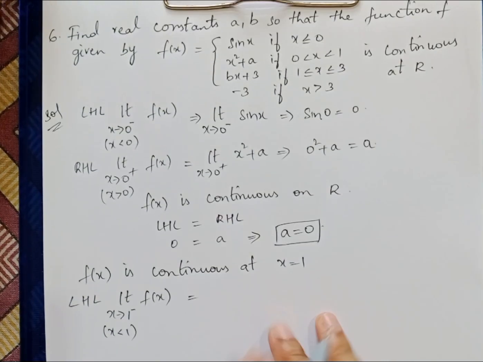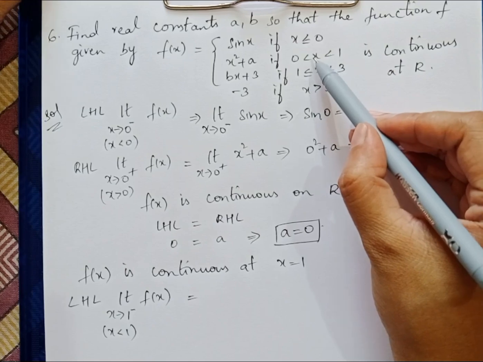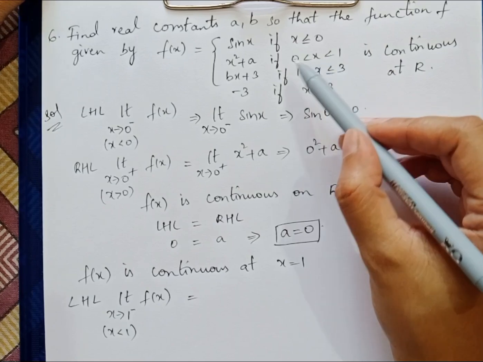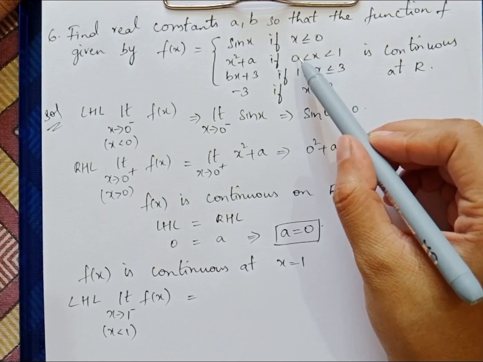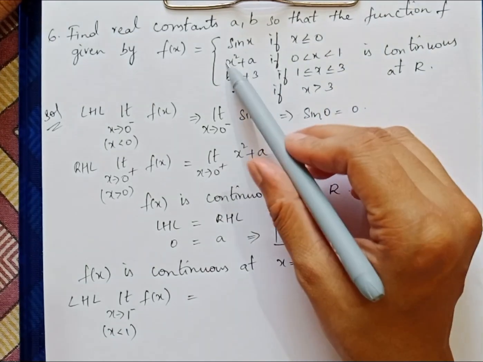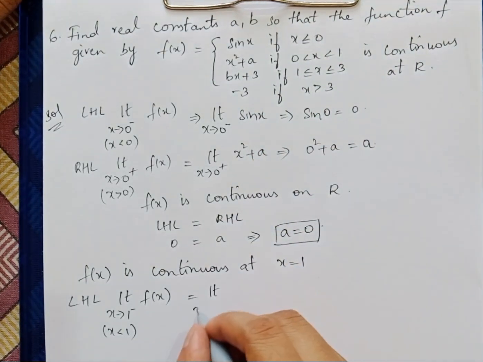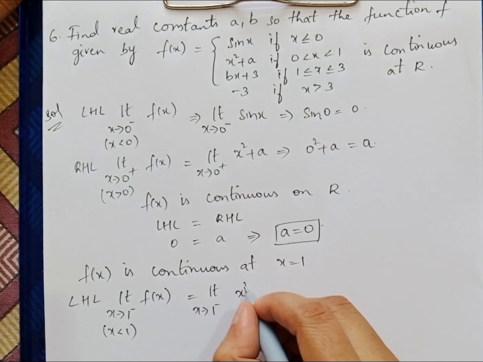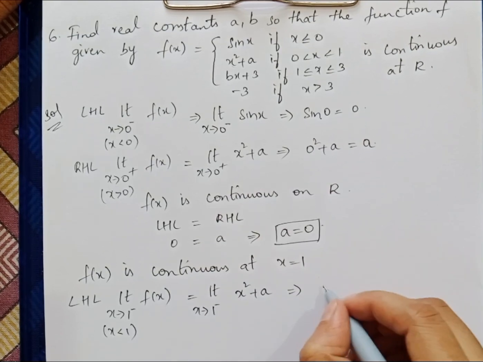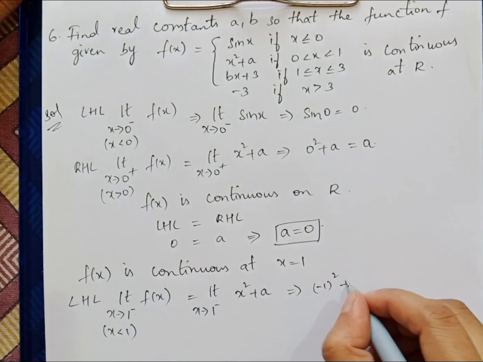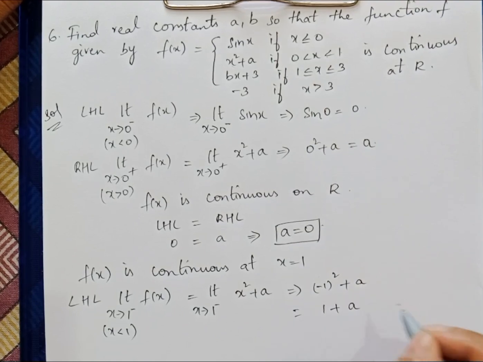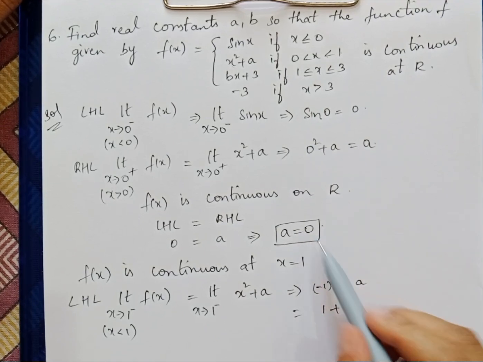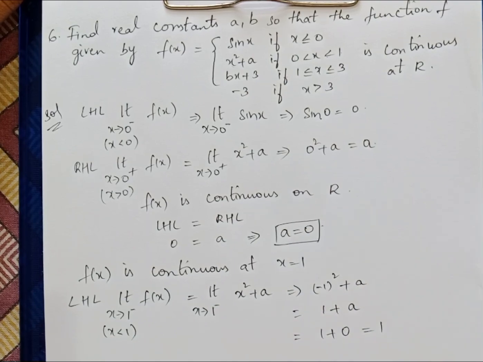Again we check our condition: x is greater than 0 and less than 1, so this is our function. We write limit x tends to 1 negative of x square plus a. So it will be 1 square plus a, which is 1 plus a. Here we can substitute the value of a as 0, so it is 1 plus 0, equal to 1.